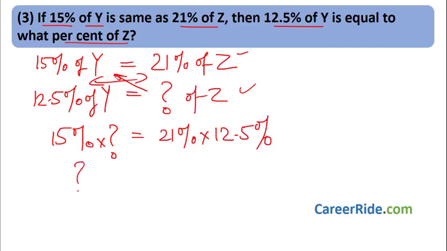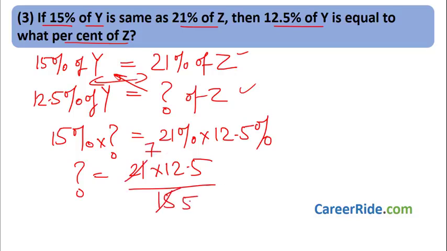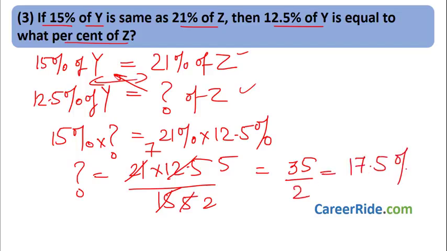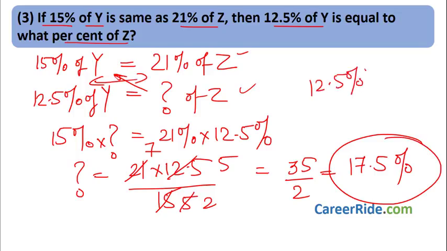Okay, so we'll have question mark equal to 21 into 12.5 divided by 15. 3 7s are 21, 5s are 15, so 7 into 2.5, that is 35 divided by 2, that would be 17.5%. That means 12.5% of Y is equal to 17.5% of Z.